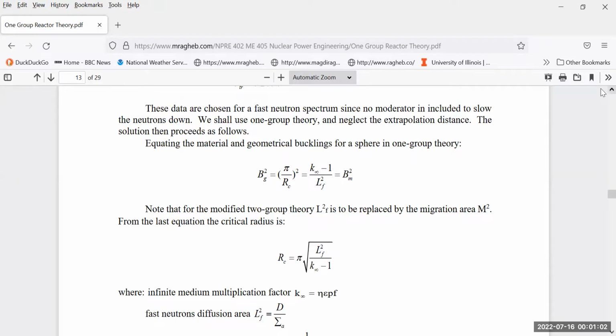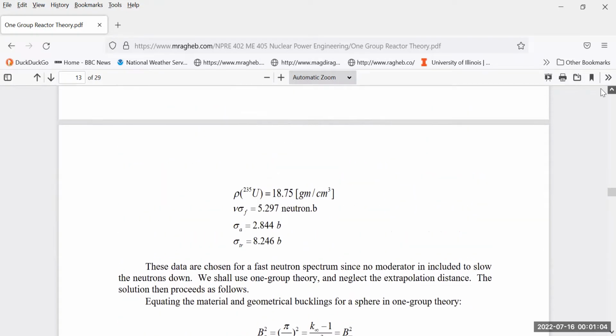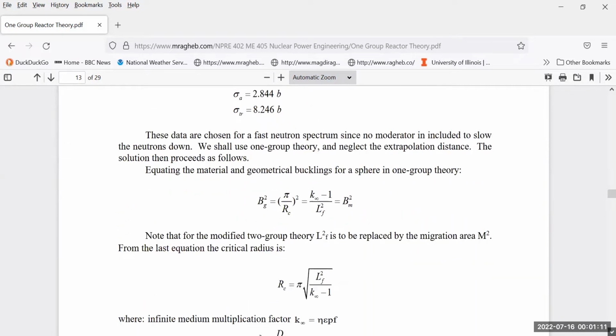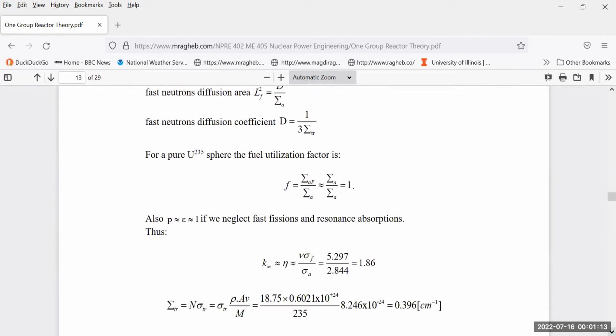Now the data from the book by Wirtz for fast reactors is here, so we are going to substitute those numbers in the equation that we got for the critical radius. We need to determine what is k infinity, the infinite medium multiplication factor.